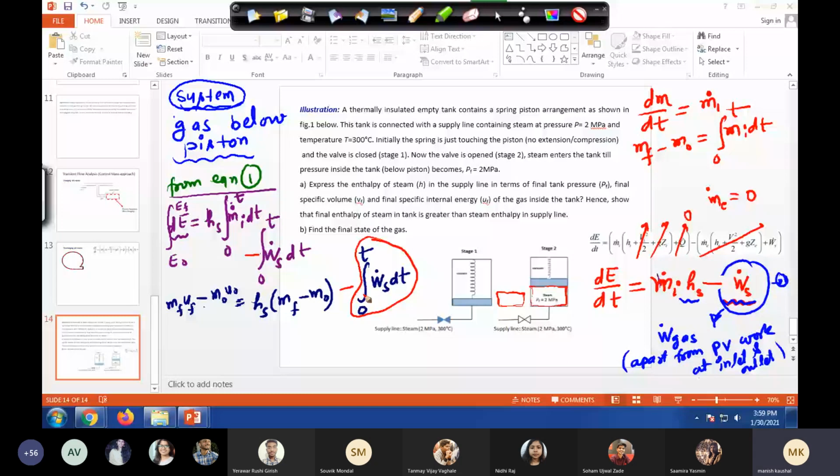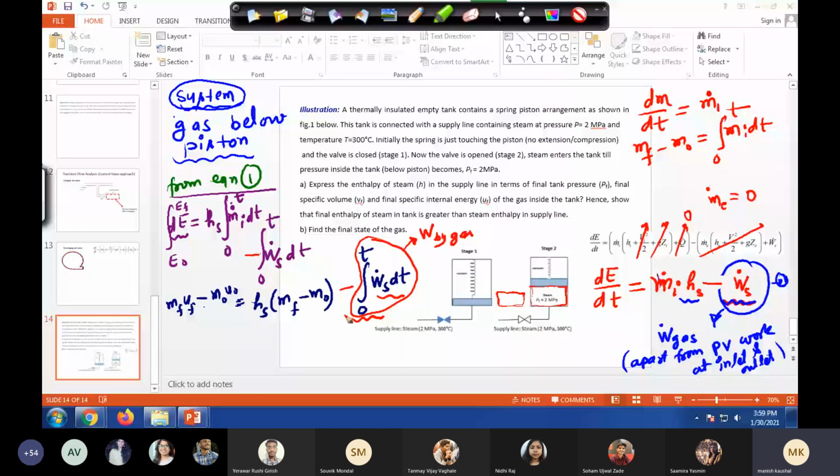Let's do this. So now, who will help us? Remember, we are now interested in this term. So work done: the integral of WS dt from 0 to t is what? Work done by the gas, right?